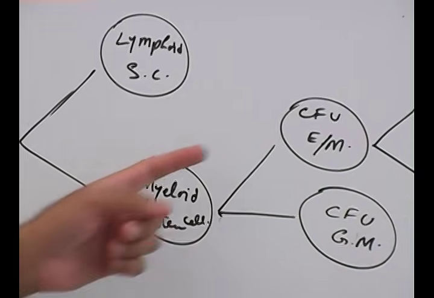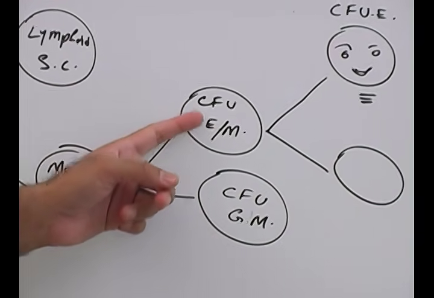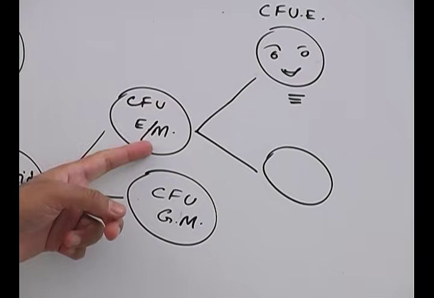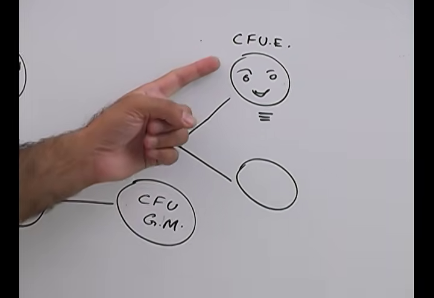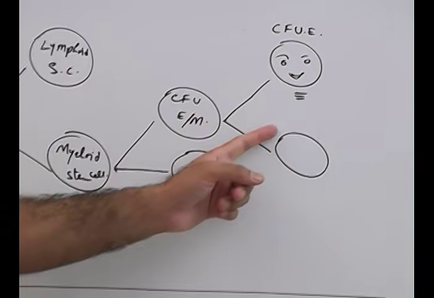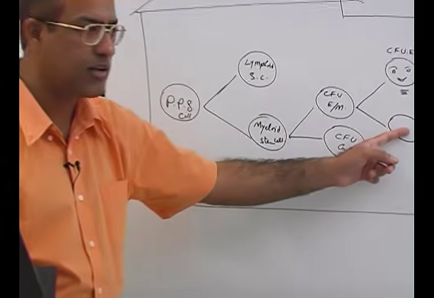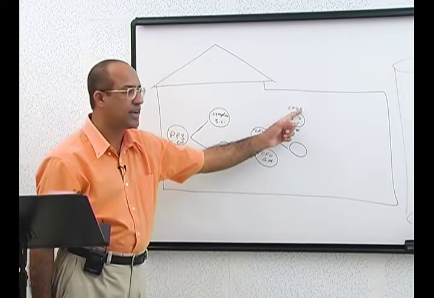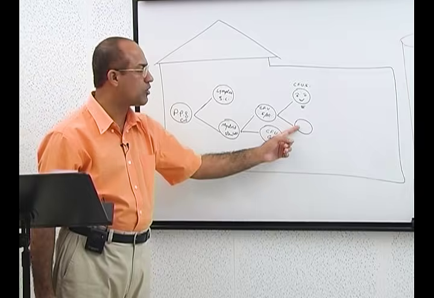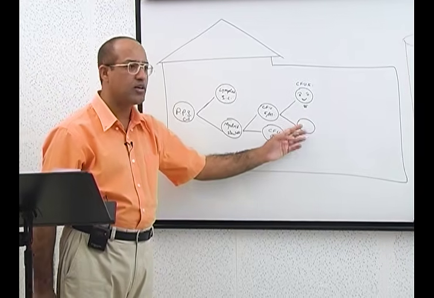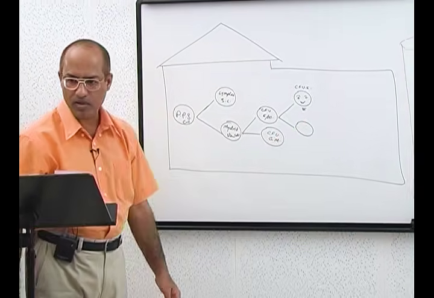The myeloid stem cell can give rise to the colony forming unit erythroid-megakaryoid cell, and this makes two colonies: colony forming unit erythroid and colony forming unit megakaryoid. Colony forming unit erythroid will make the cells that become red blood cells, and colony forming unit megakaryoid will eventually make platelets.